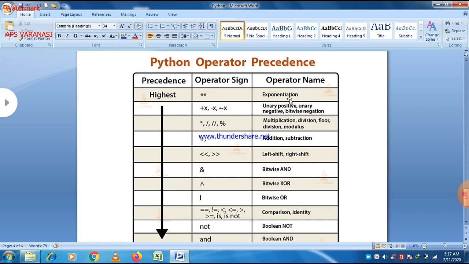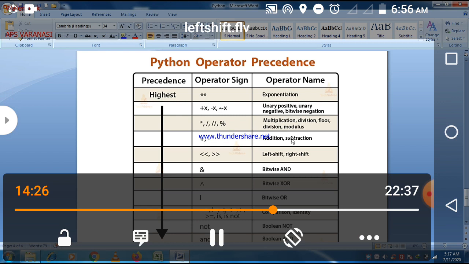First of all we solve brackets, or parentheses, then we solve the exponent, and after that the priority is bitwise negation, the bitwise complement, which is a unary operator. Here unary plus x and unary minus x are unary operators, not binary operators.